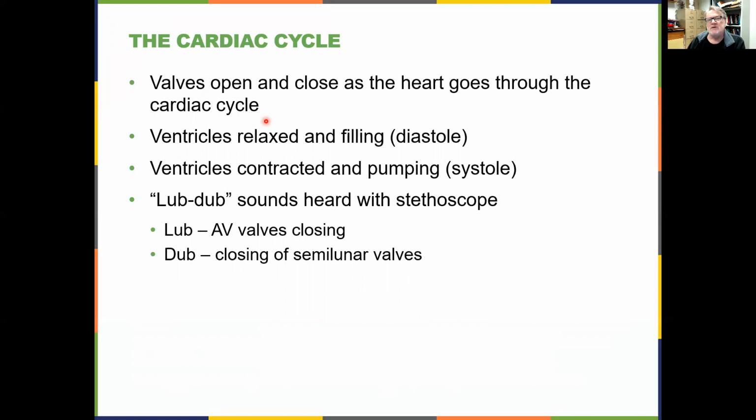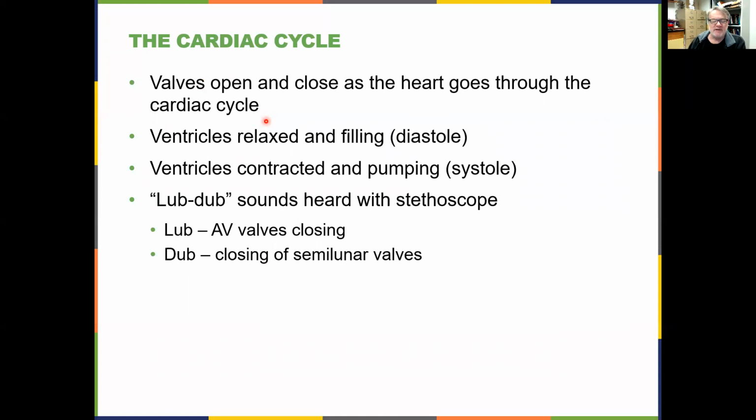When someone listens to the heart with a stethoscope and you hear that lub-dub sound, what you're actually listening to is the closing of the valves between the atria and the ventricles. That's the lub sound.